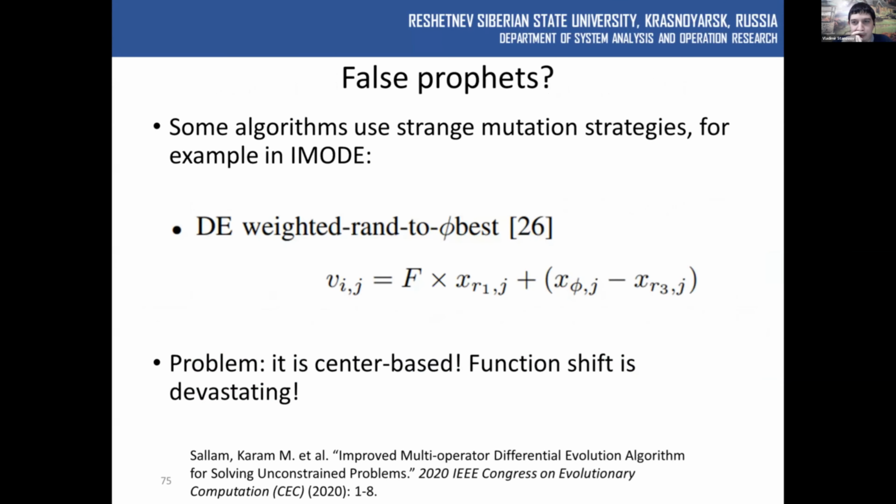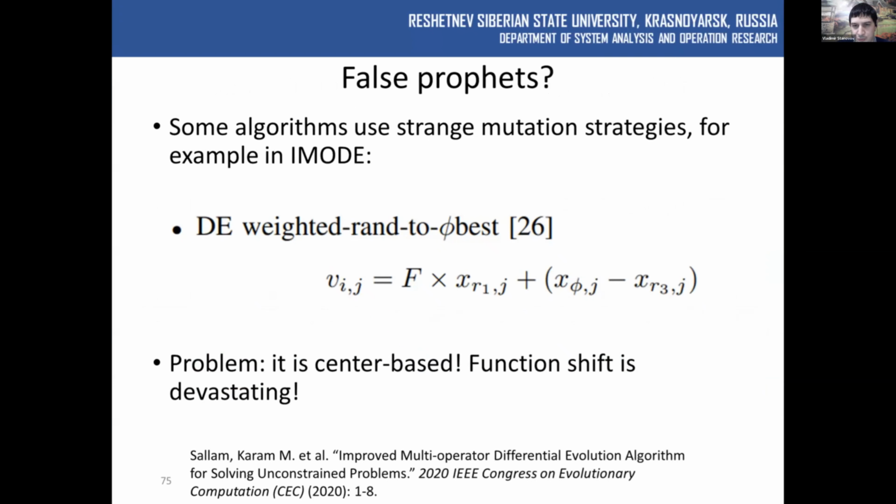Okay, at this point I would like to make a little detour and discuss some other algorithms. So as I mentioned, there was this IMODE algorithm, and well, it worked very well. But actually, when I looked into the code of this algorithm, I found this weighted top-pi best mutation strategy.